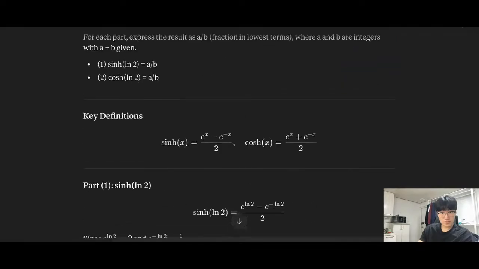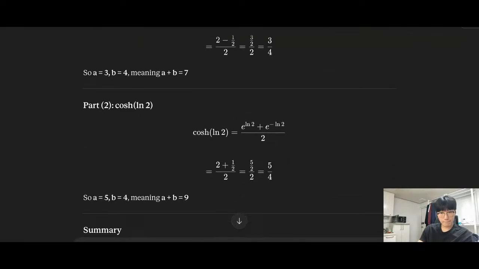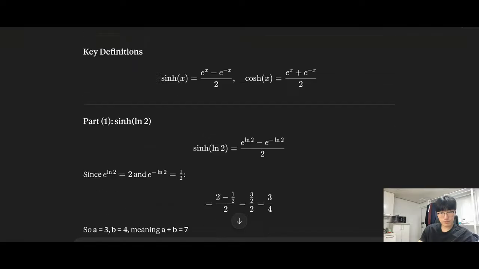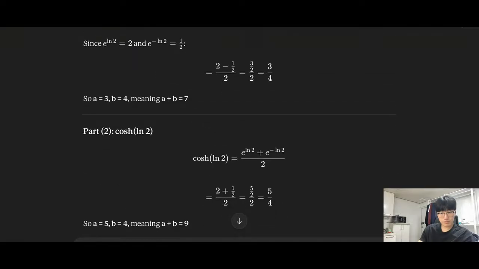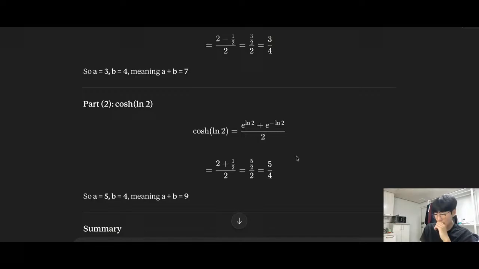Is this just the definition? Yeah. Oh, so you just apply it. Cosine hyperbola. So this was x here. That's why you just apply the x, okay, you just plug them in.